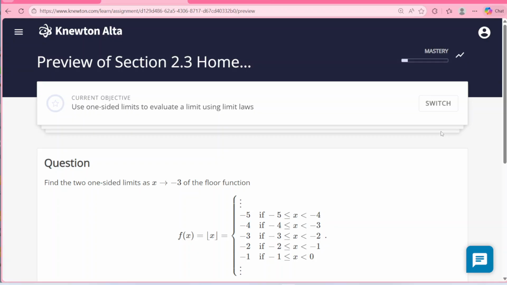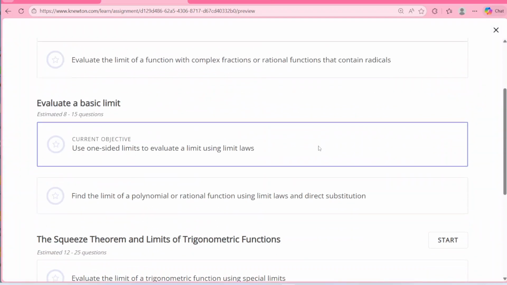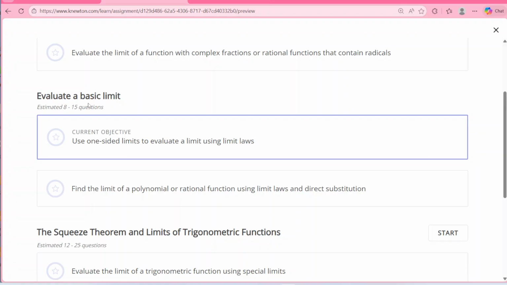All right, so now we've moved into this evaluate a basic limit. All those limit laws I mentioned earlier work for not only two-sided, but one-sided limits. So if you're approaching a value from the left or from the right, and the expression you're looking at, you can just plug the number in and not divide by 0 or take square roots of negatives, even roots of negatives, or logs of negatives, or something like that.